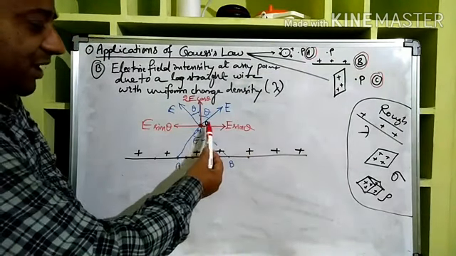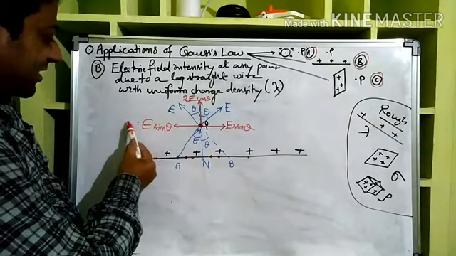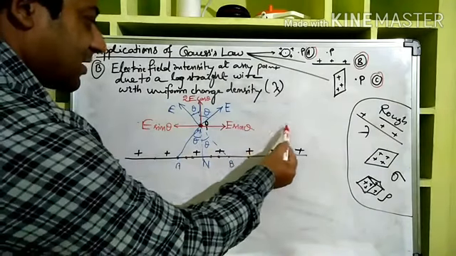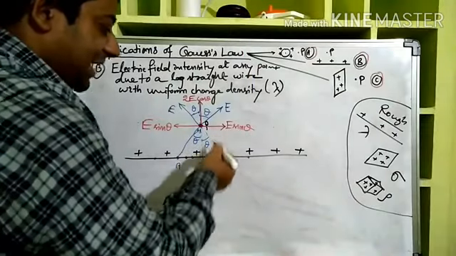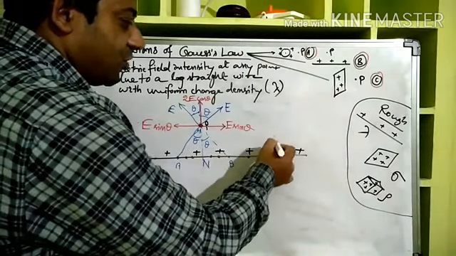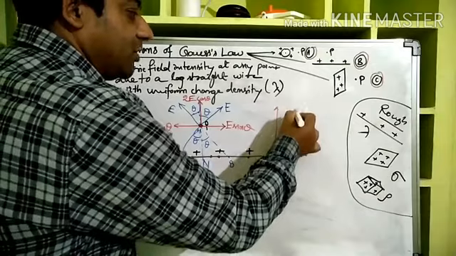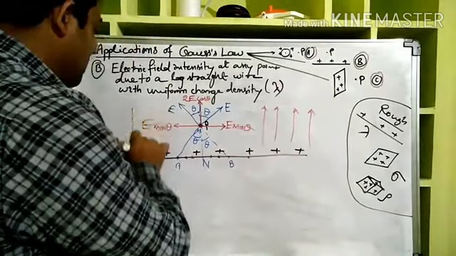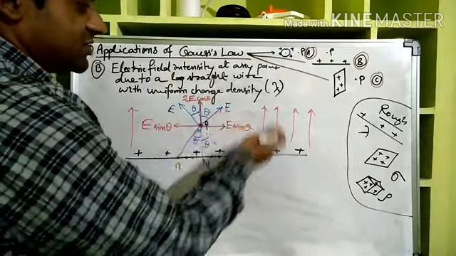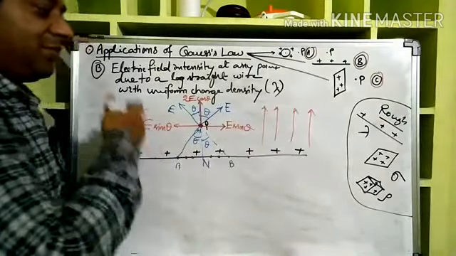P is any point like that. If we take the point here, here, anywhere, it will be perpendicular only. Since the field lines go out from positive, all the field lines will be perpendicular to the line. Like this 2E cos theta, all the field lines will be perpendicular.